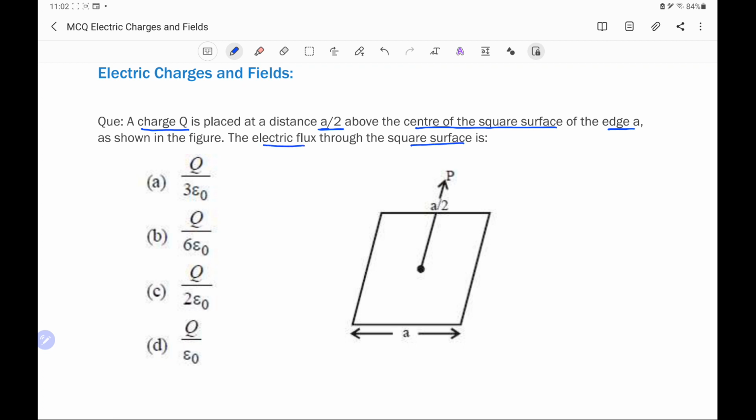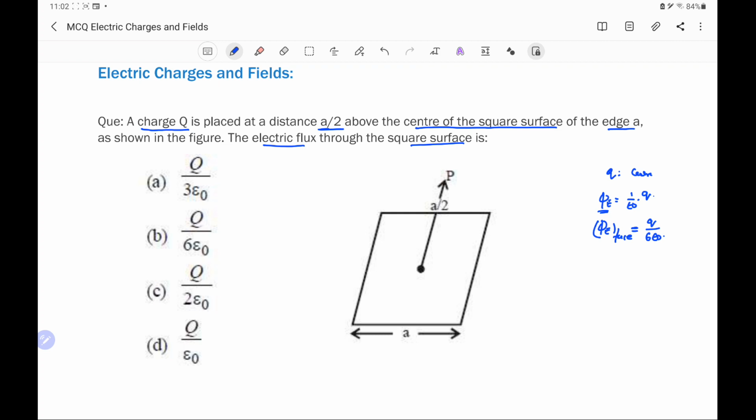So this is a similar question to the one we have done for the cube. For the cube, we said that if charge Q is placed at the center of the cube, then the flux through the cube will be 1/epsilon naught times the charge enclosed, that is Q. And through a face, because there are 6 equivalent faces, the flux through a single face will be 1/6 of the total flux, that is Q by 6 epsilon naught.